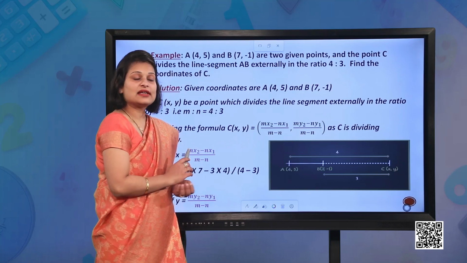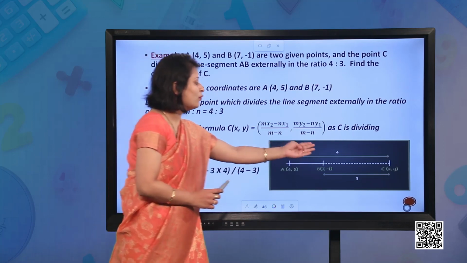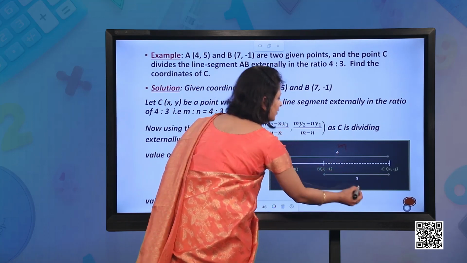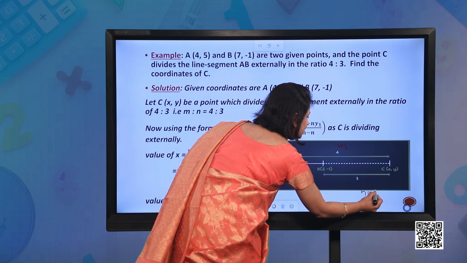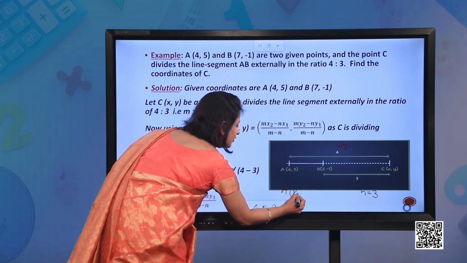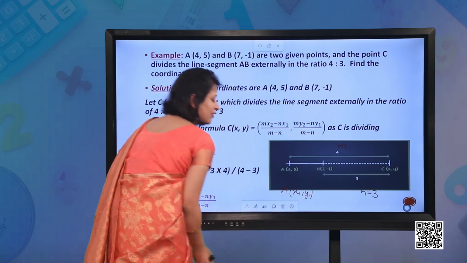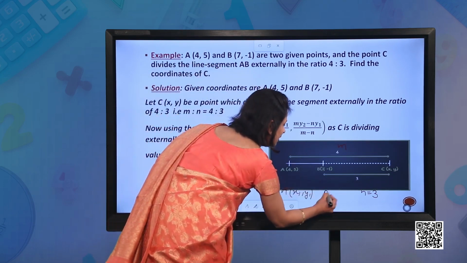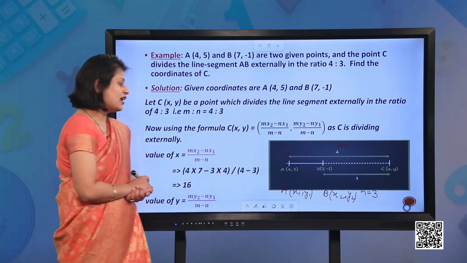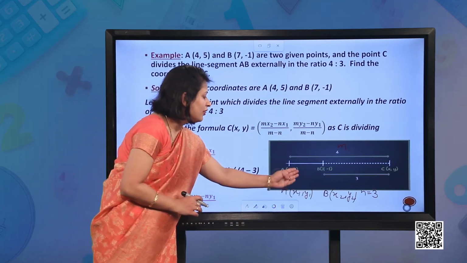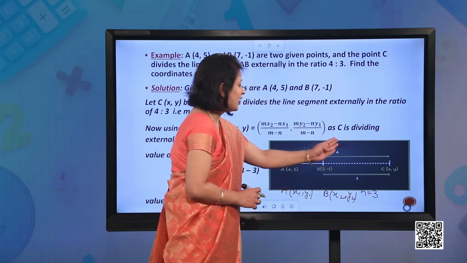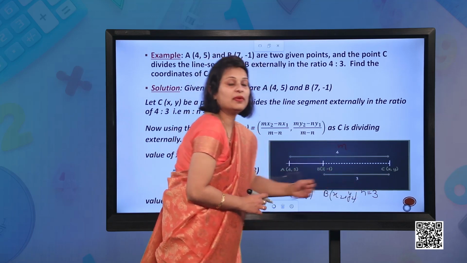Now it is dividing the line segment externally in the ratio 4:3. So here m is 4, n is 3. This point will be A, x1, y1, and this point will be B, x2, y2. So the value of x1 will be 4, y1 will be 5, x2 will be 7, y2 will be -1, m will be 4 and n will be 3.